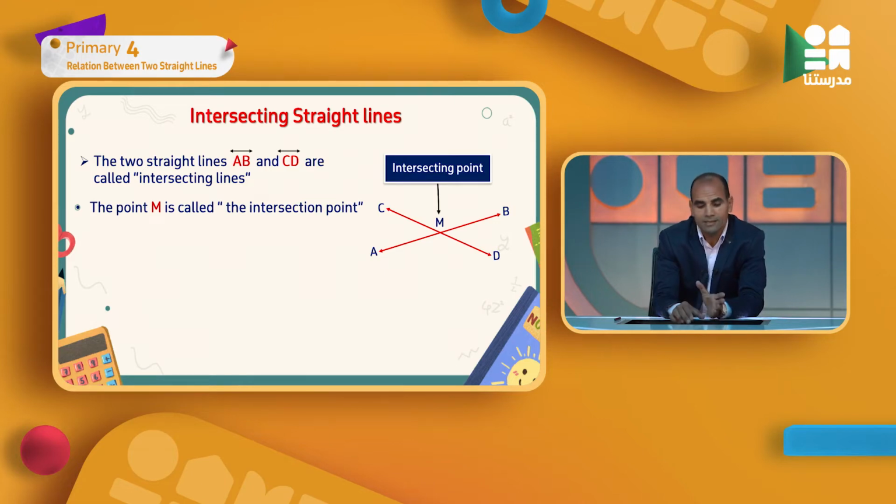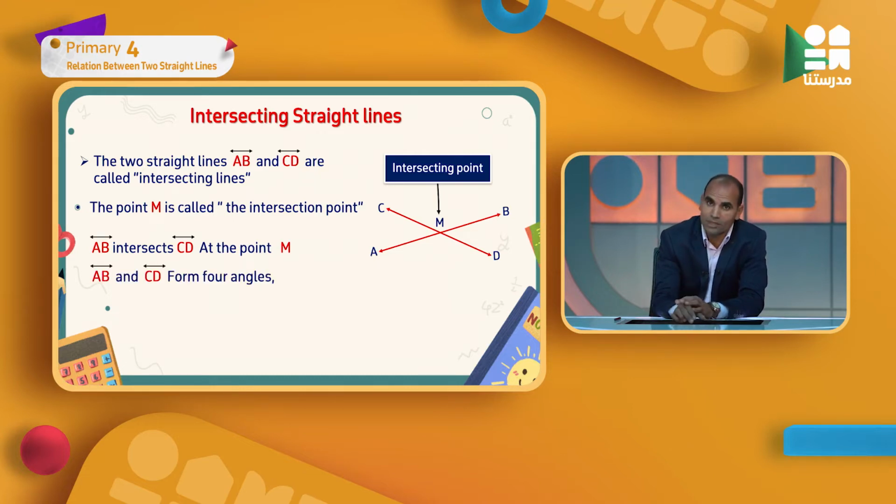The two straight lines AB and CD are called intersecting lines. The point M is called the intersection point, as I said. Straight line AB intersects straight line CD at the point M.